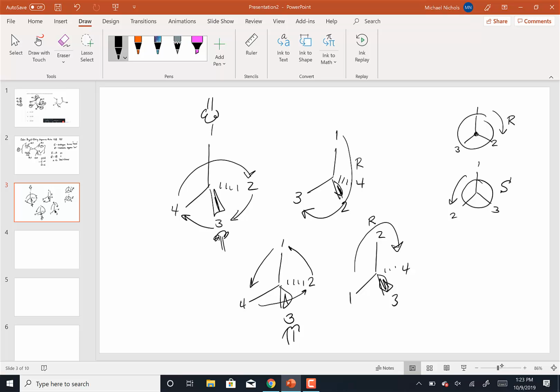So if you get it into a tetrahedron, if you prefer, you can basically use a model and you can rotate it, or you can grab it and rotate it. You just grab not the dashed wedge, not the 4 group, any of the other 2, and then rotate 4 into the back.